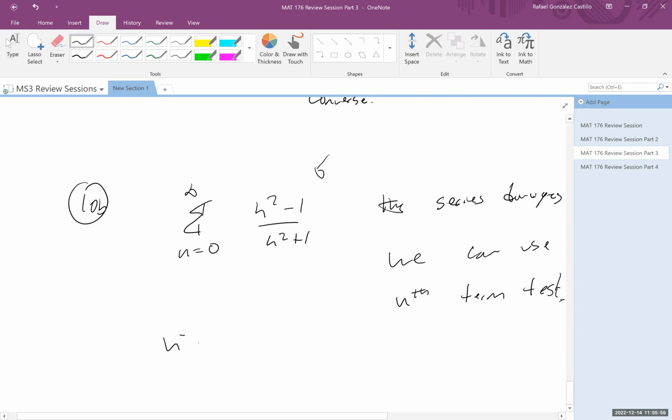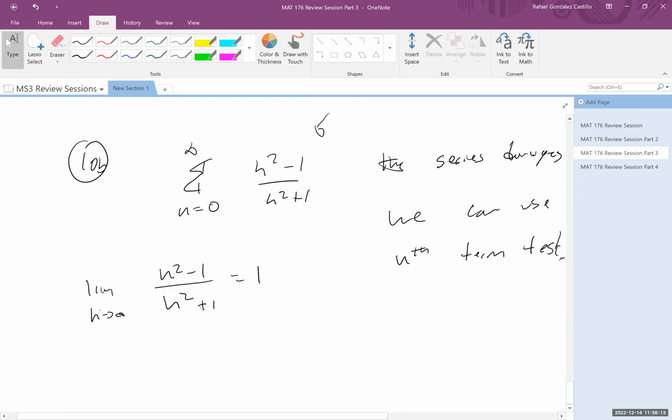So n squared minus 1 over n squared plus 1, as the limit of n goes to infinity, this goes to 1. And by the nth term test, since the underlying sequence doesn't go to 0, the series cannot converge.